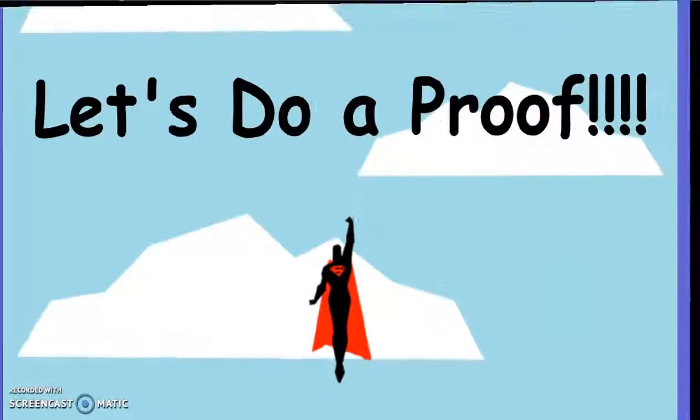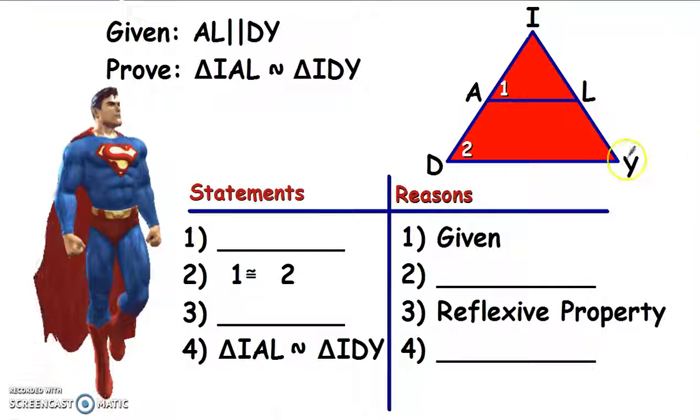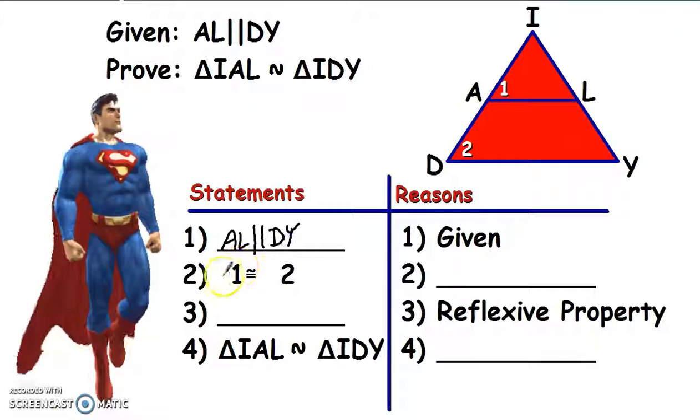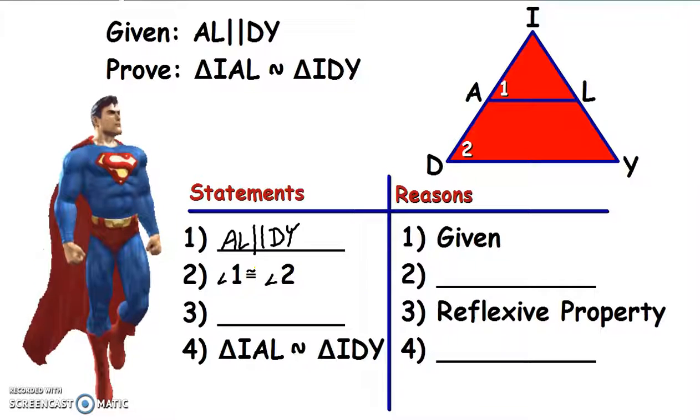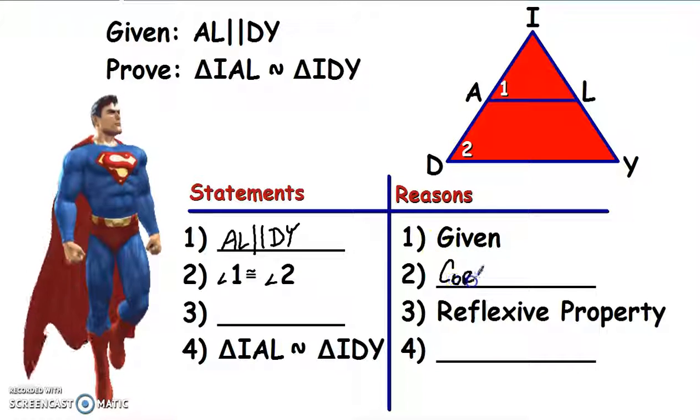Alright, let's do a proof. We're going to do this really quick because my time is almost up. What's given? Well, what is given is that AL is parallel to DY. Angle 1 and angle 2 are congruent. The reason being is because they are corresponding.